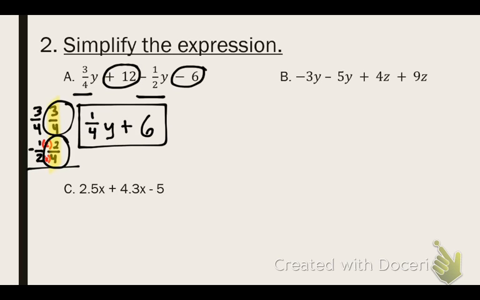Haley, what should I underline? What else is in the y family? Negative 5y. Now what should I do? Excellent. Circle the 4z and circle the 9z. Now I've got some terms here. I want to go ahead and add them together. Let's do the y family first. Sierra, negative 3y plus negative 5y.